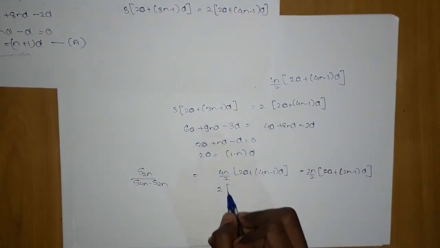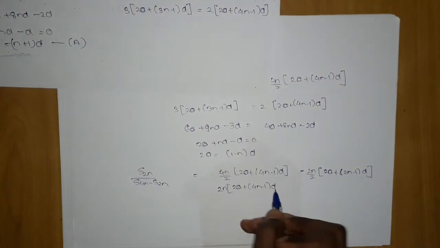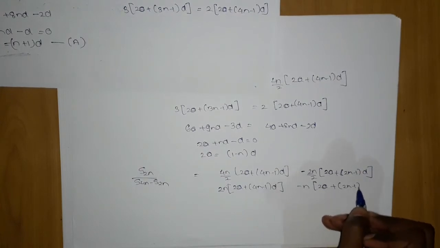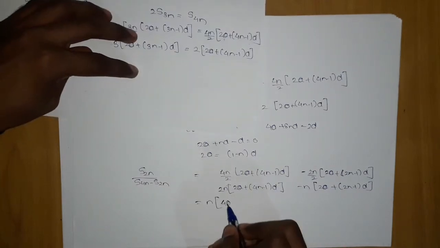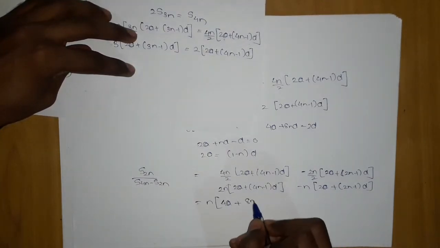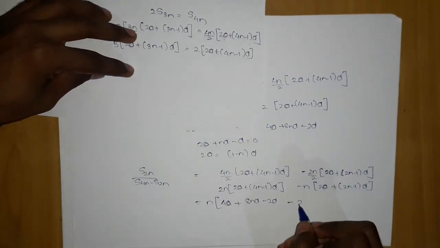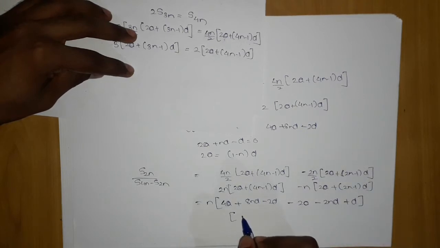After this I have 2 into 2n into (2a plus 4n minus 1) into d. Here n into (2a plus 2n minus 1) into d. Let me take the n common. So I have 4a plus 8nd minus 2d, and minus 2a minus 2nd plus d. So it gives me (2a plus 6nd minus d) into n.